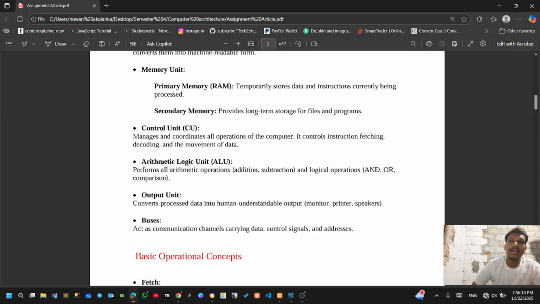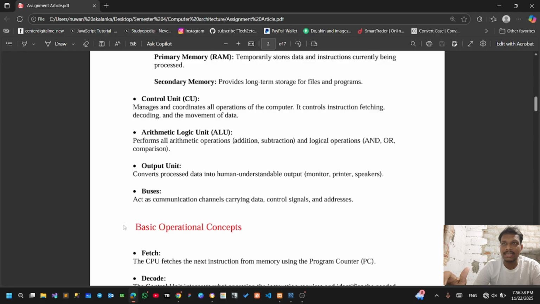It performs all arithmetic operations like addition and subtraction, and logical operations like AND, OR, those things. The output unit converts processed data into human-understandable output, from the monitor, printer, and so on. The last one is buses. Buses act as communication channels carrying data, control signals, and addresses.